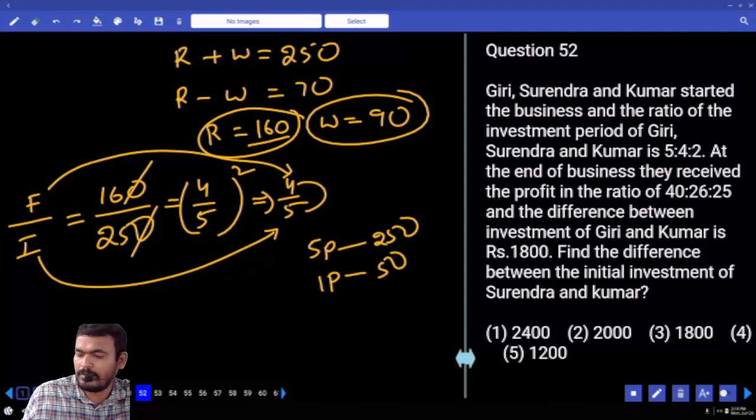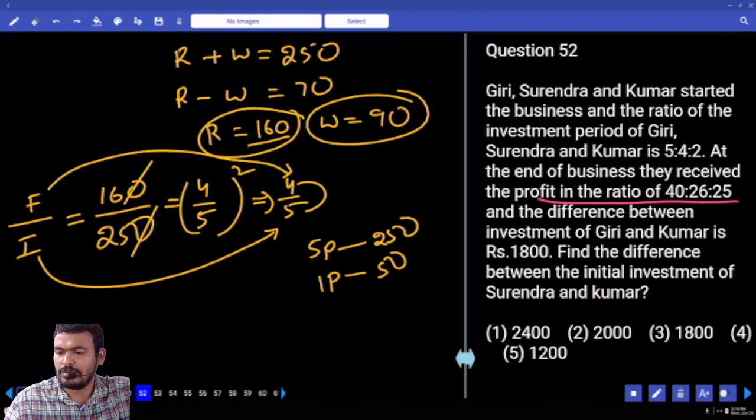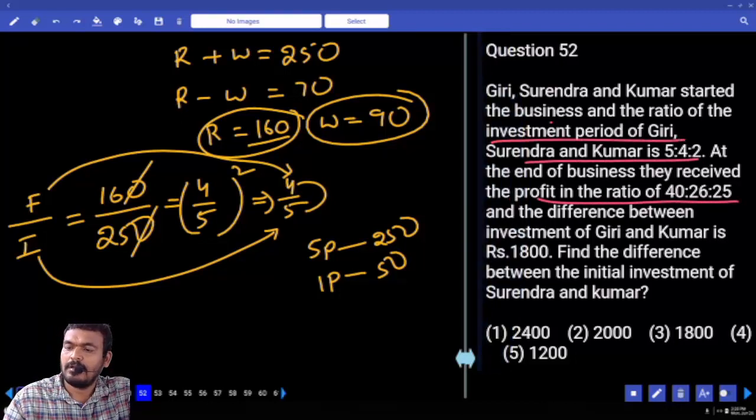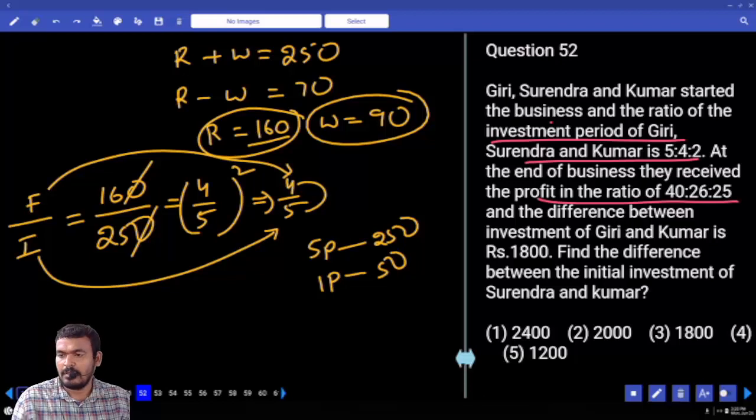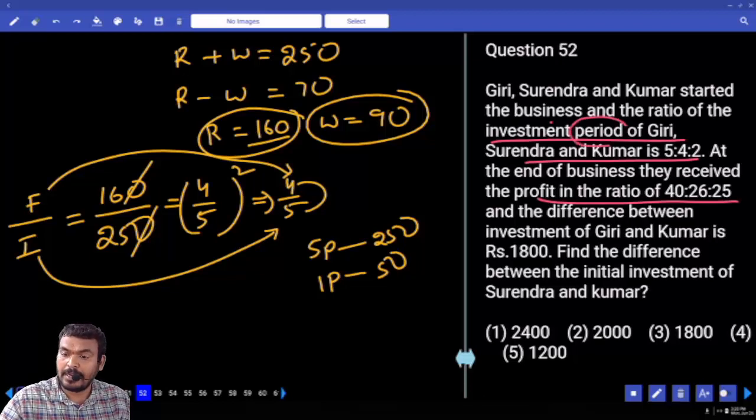And in this one, we know the profits ratio and we know the time ratio. Time or investment? Investment period. Investment period means time. We know the time ratio, we know the profit ratio. Then we get the investment ratio.